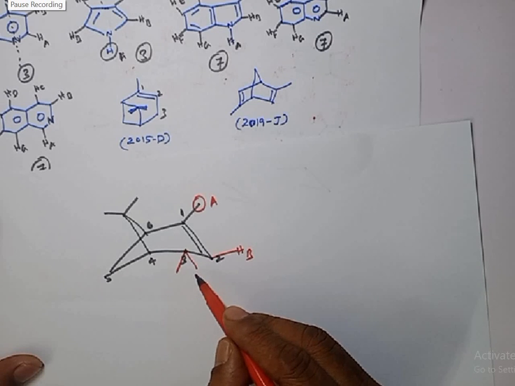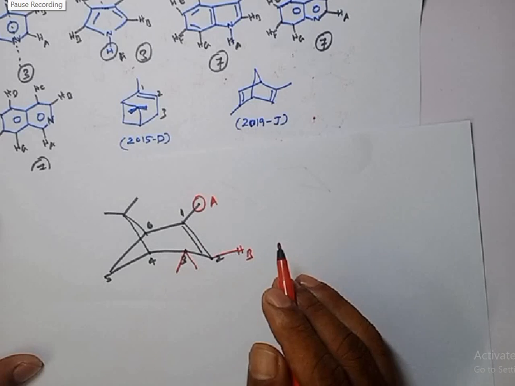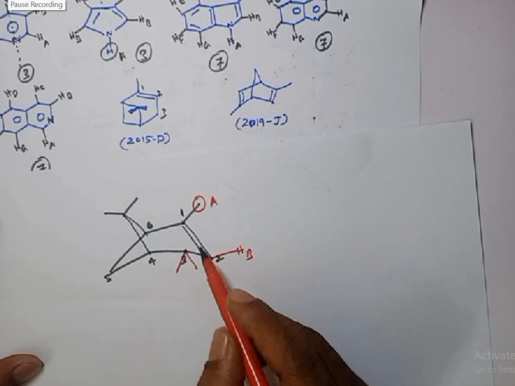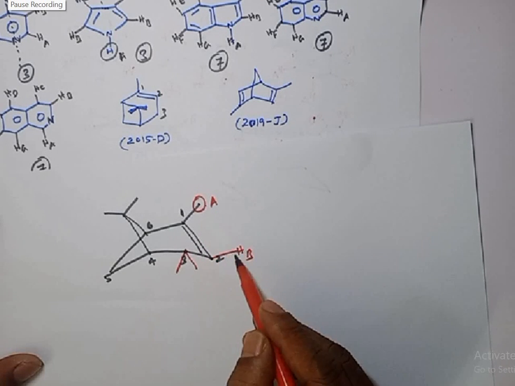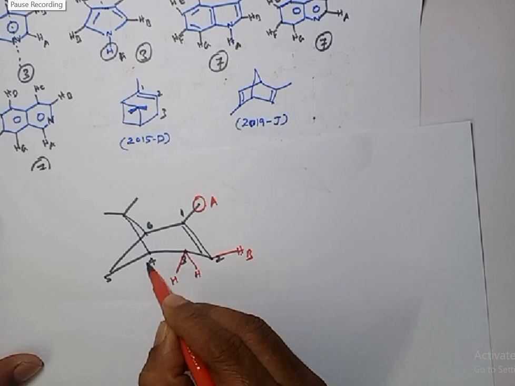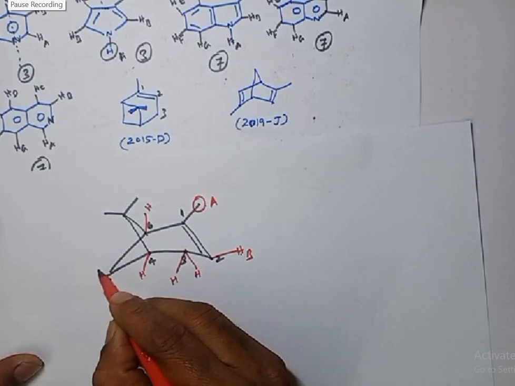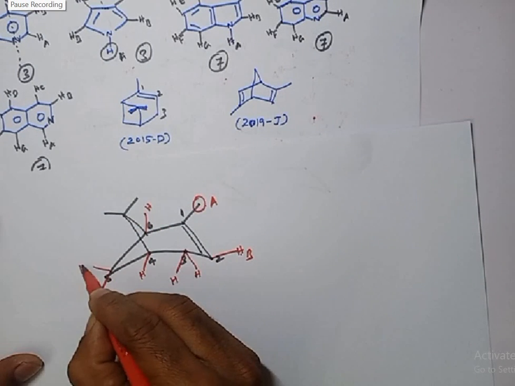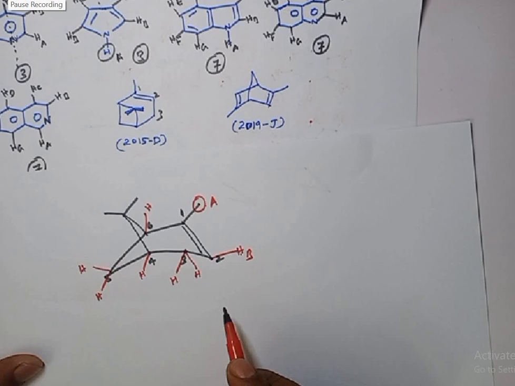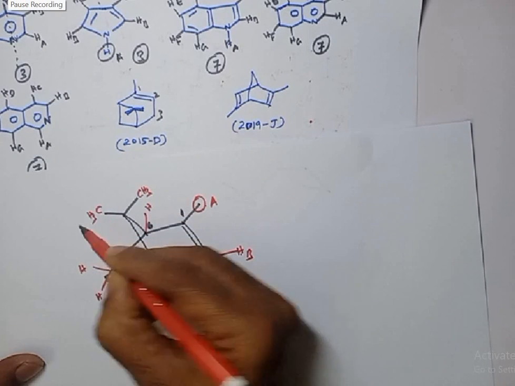Okay, first I'll write the hydrogens. So this is 1, 2. Here we have 2 hydrogens, and here we have 1 hydrogen. Here we have 1 hydrogen. Here we have 2 hydrogens. Okay, and here we have 2 methyl groups.